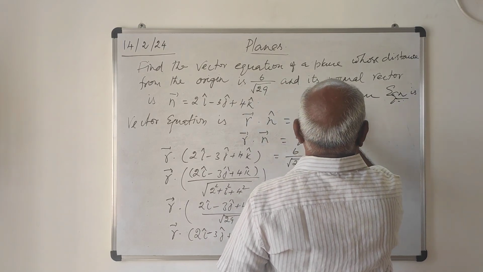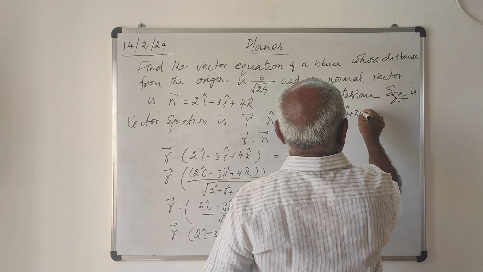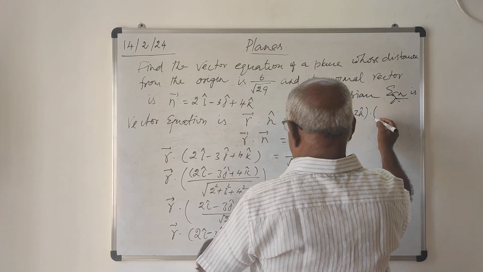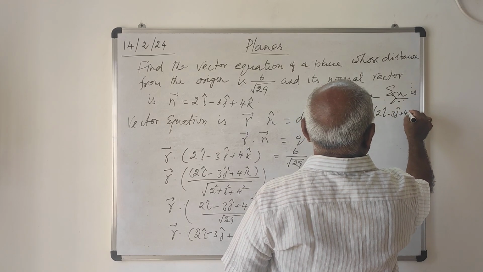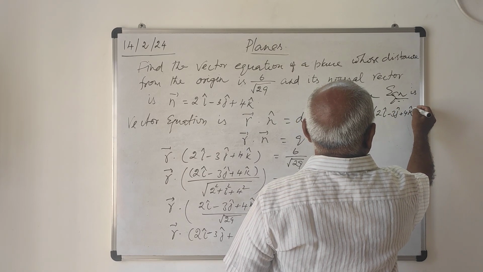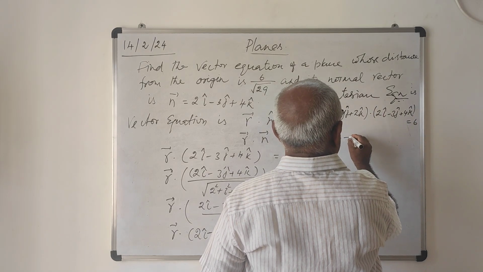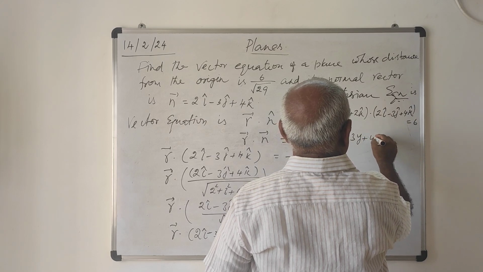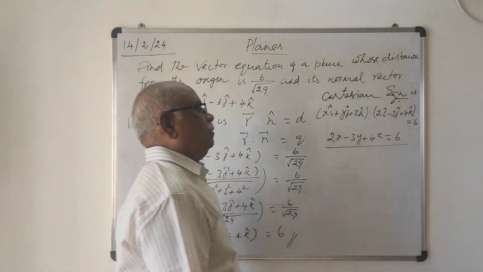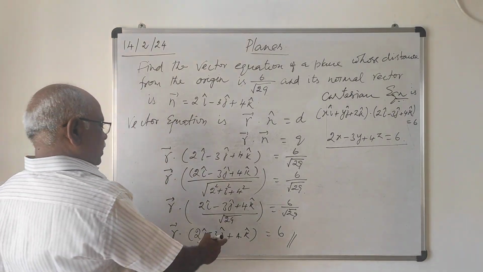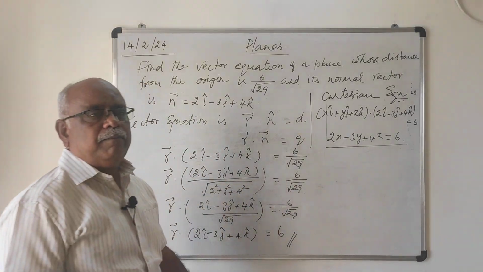The Cartesian equation is xi plus yj plus zk dot 2i minus 3j plus 4k equal to 6, that is, 2x minus 3y plus 4z equal to 6. This is your Cartesian equation. So this is the vector equation and this is the Cartesian equation of the plane. That's all about the problem.